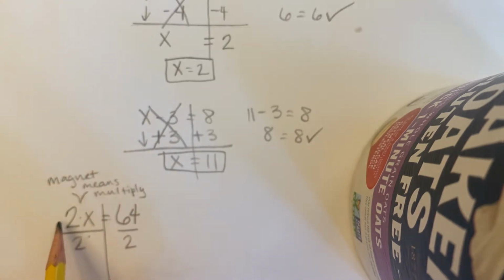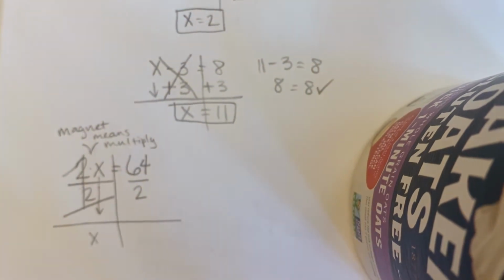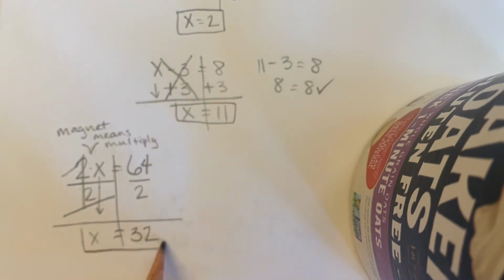What happens when I have 2 divided by 2 is that makes 1. That's a whole. So we're going to drop our x. And on the other side, 64 divided by 2, well, that's simple, 32. And we're done.